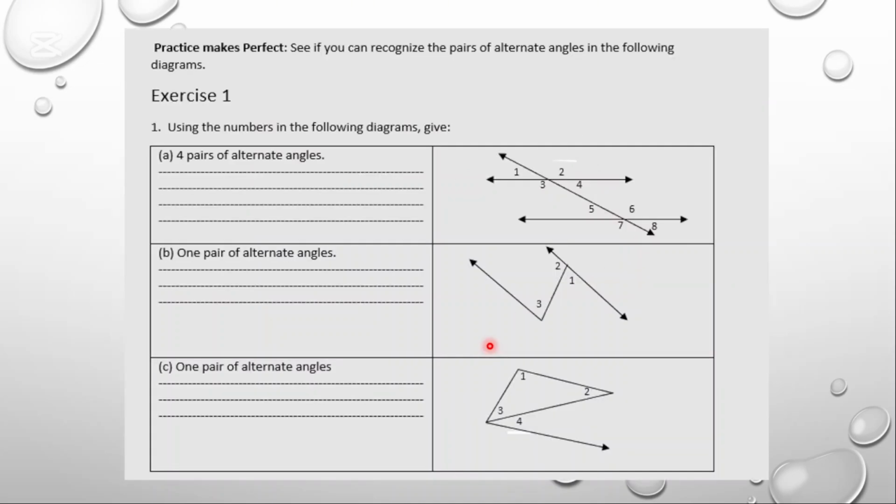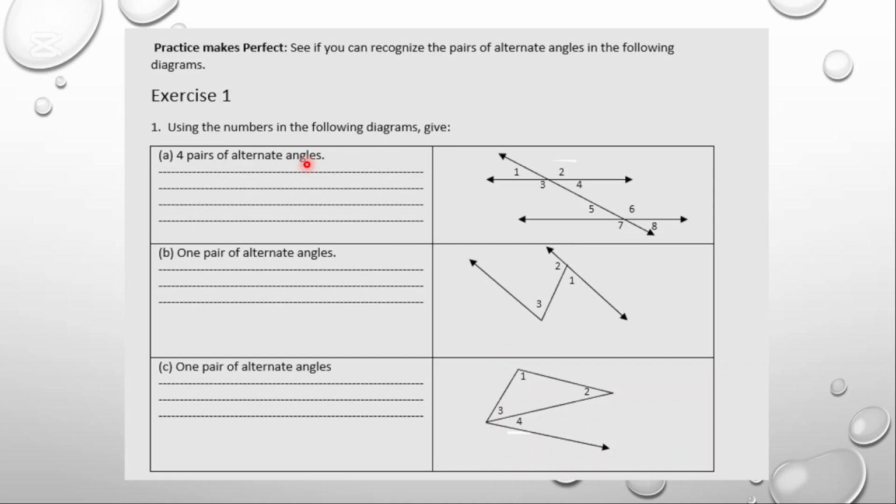So practice makes perfect. See if you can recognize the pairs of alternate angles in the following diagrams. Using the numbers in the following diagrams, give 4 pairs of alternate angles.